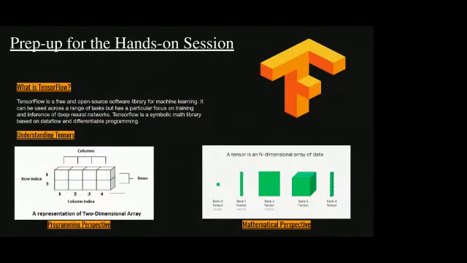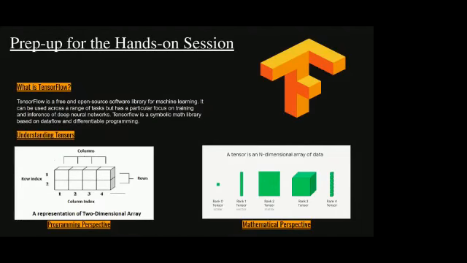Moving forward, let's prep a little bit for the hands-on sessions. Our hands-on session is going to be in TensorFlow with Keras. Before moving on to TensorFlow, let's talk about what a tensor is. From a programming perspective, a tensor is a multi-dimensional array that has the ability to be run on a computer.